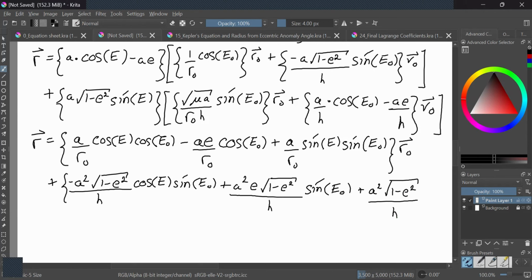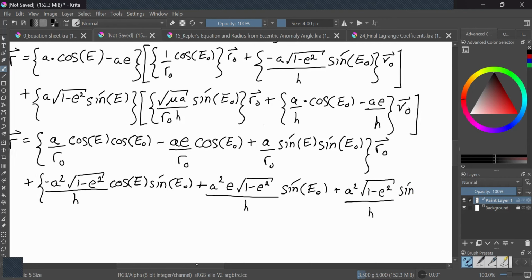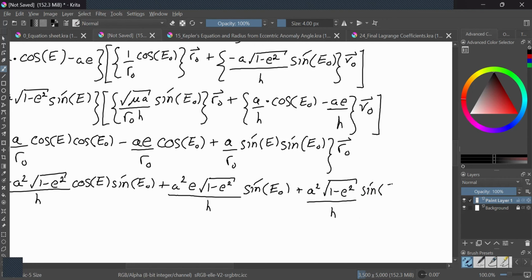And I run out of room. I'll write it off to the side, it'll be fine. Times the sine of e, times the sine of e, times the cosine of e naught.